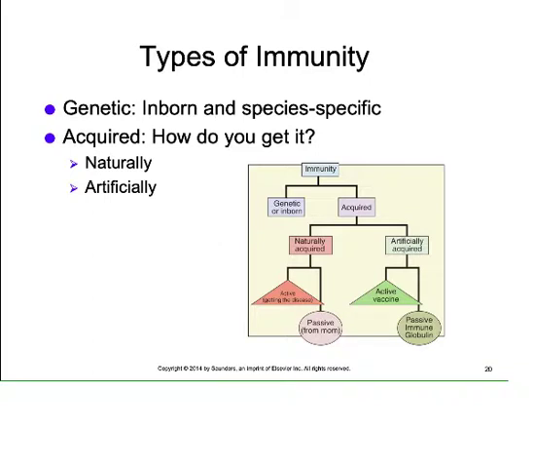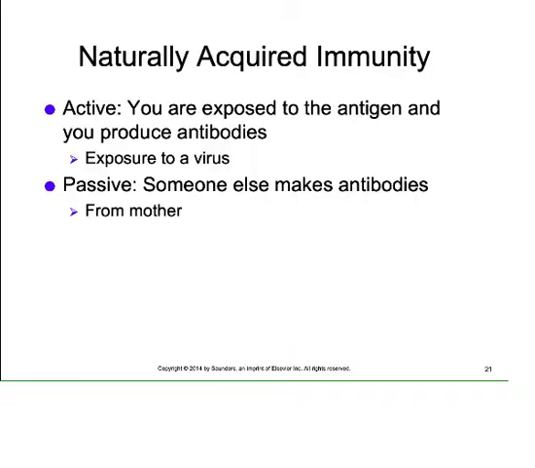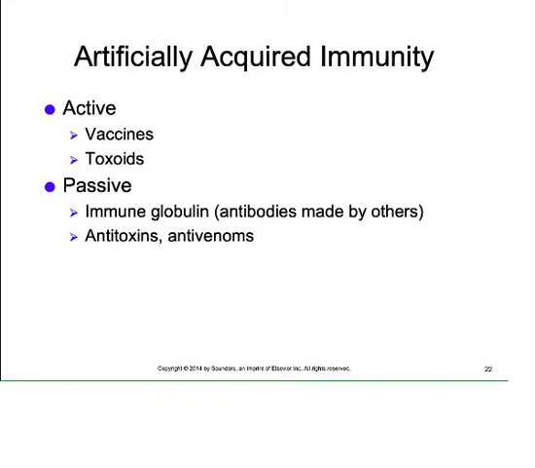So the active immunity is always a better deal because that stays with you your whole life, while the passive immunity is more of a temporary state, okay? So that's an example of naturally acquired, right? Active and passive, right? Artificially acquired, right? Active and passive.